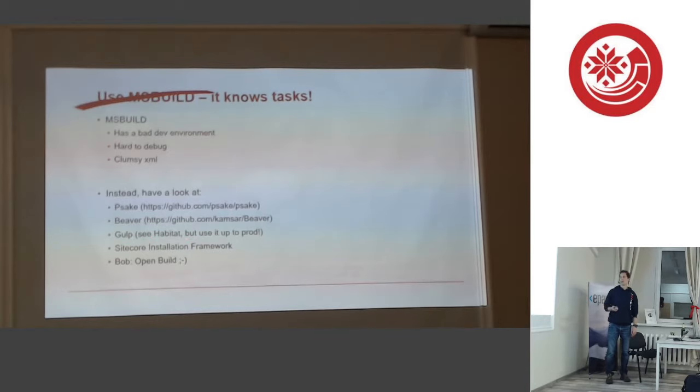I don't know, has anybody used the Habitat way up to production with Gulp? Cool, okay. So that worked for you? Yeah, okay. Very nice, because that's what I would then really urge.